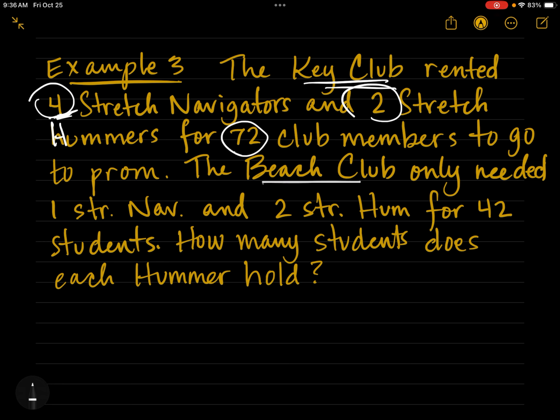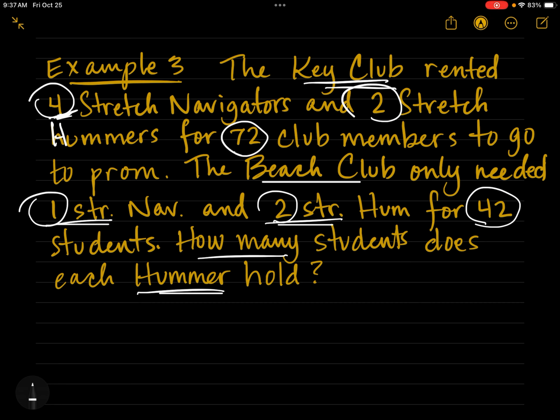Now the Beach Club only needed 1 Stretch Navigator and 2 Stretch Hummers to hold their 42 students. How many students does each Hummer hold? So, Key Club has 72 students.